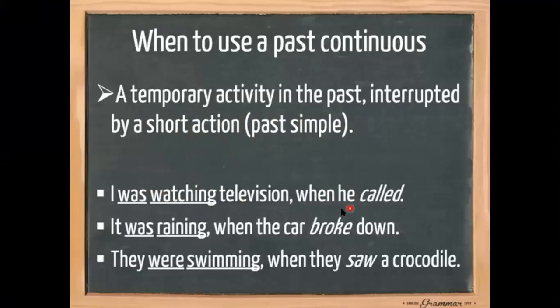So when he called, he interrupted my action of watching TV. This is how we can use the past continuous to show a temporary activity in the past interrupted by a short action. They were swimming when they saw a crocodile.